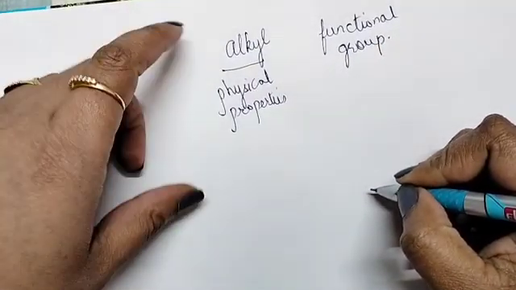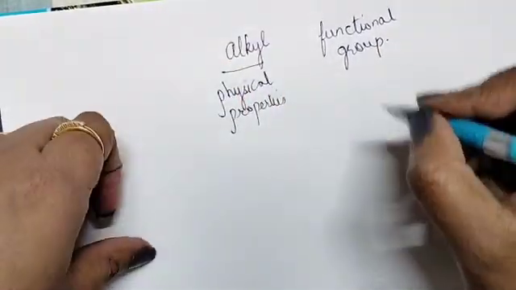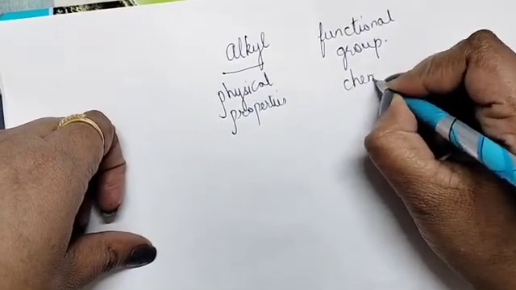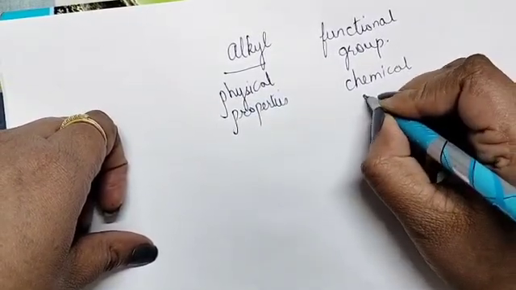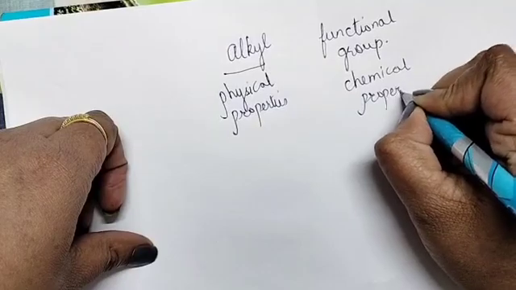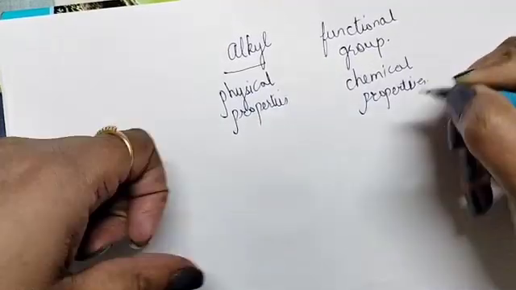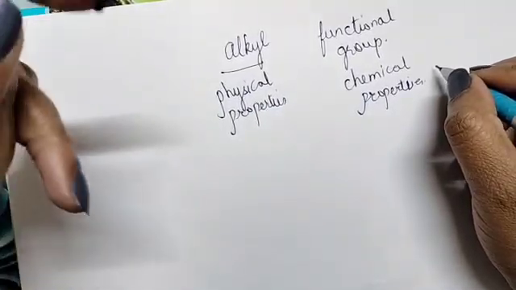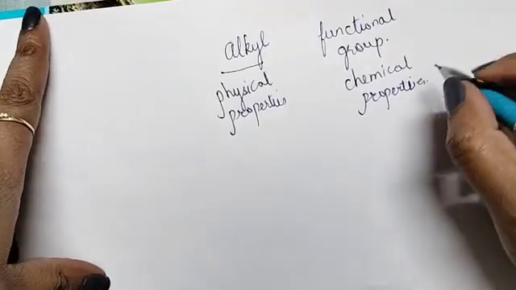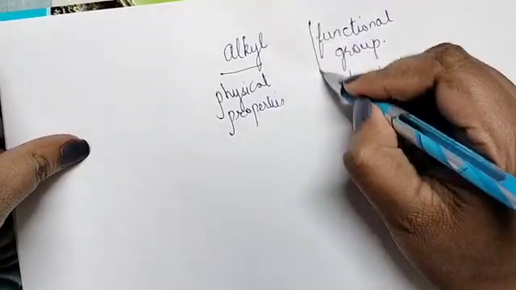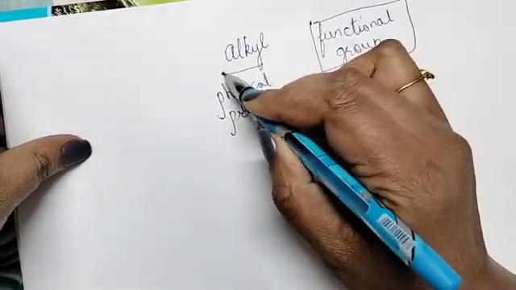Those are decided by the alkyl groups. Functional groups, they decide the chemical property of the compounds. They are the ones which will let us know how it will react, with whom it will react, what will be the preferences for reaction. That is completely decided by the functional group.